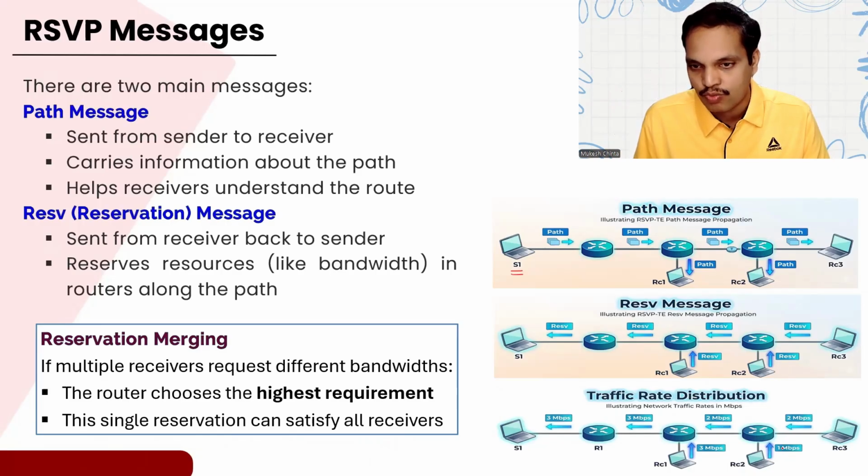So it has merged this 1 Mbps into the highest requirement of 2 Mbps and advertised for allocation of 2 Mbps to the router on the uplink. Similarly, here 3 Mbps is there, here also another 3 Mbps is there. So finally a link for 3 Mbps will be requested. This is called reservation merging.